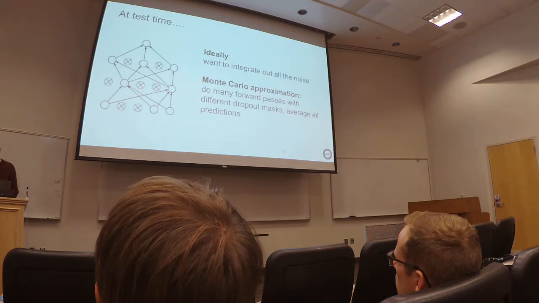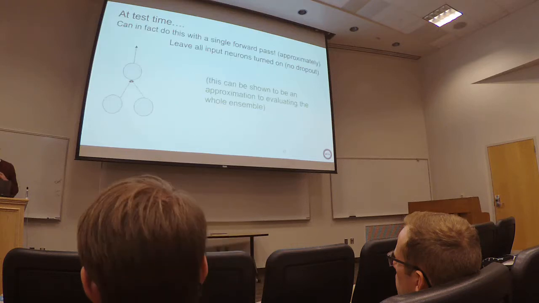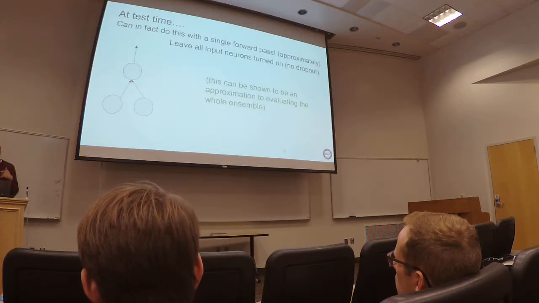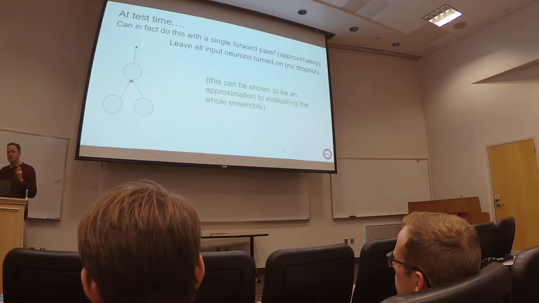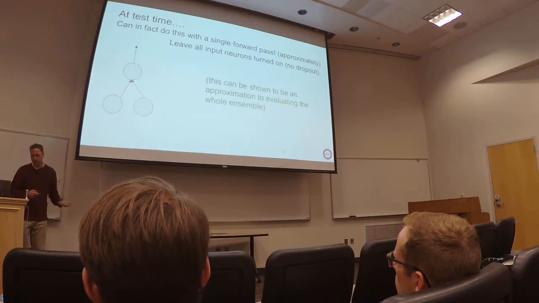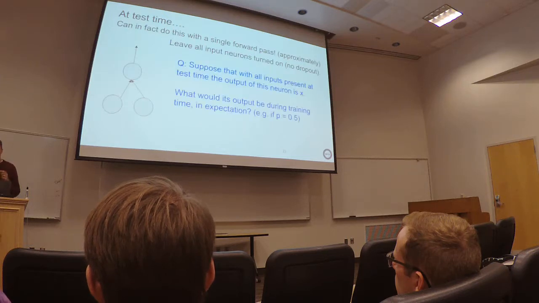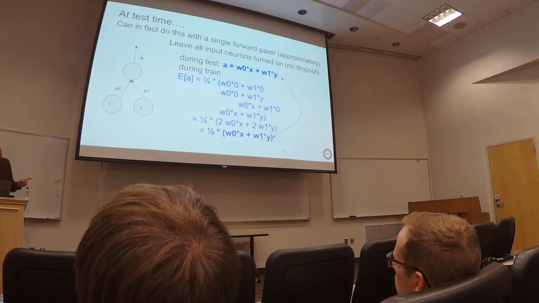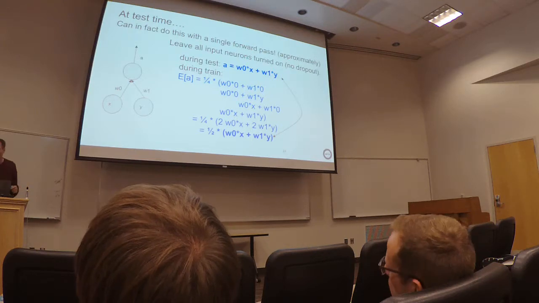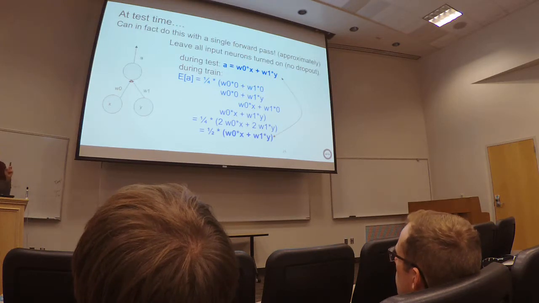In fact, what people do is they actually leave all the neurons turned on. They don't drop out anything, and they scale the weights by the dropout factor. I don't think we have time to go through this, so I want to move on.